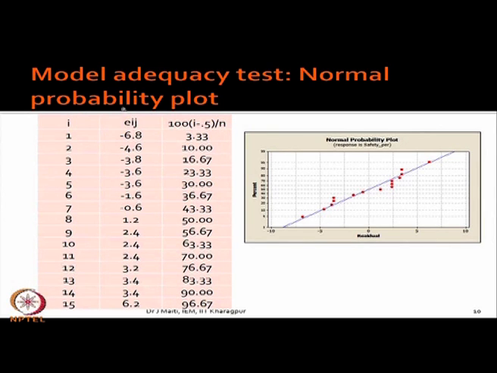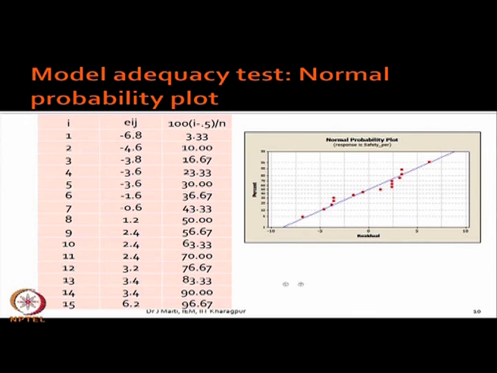So you must have the error values, arranged in ascending order, with the number of observations arranged serially. Now you are calculating this, which is one way of finding the probability value, in terms of percentage, and then you plot. The plot is percent probability against the residual values.